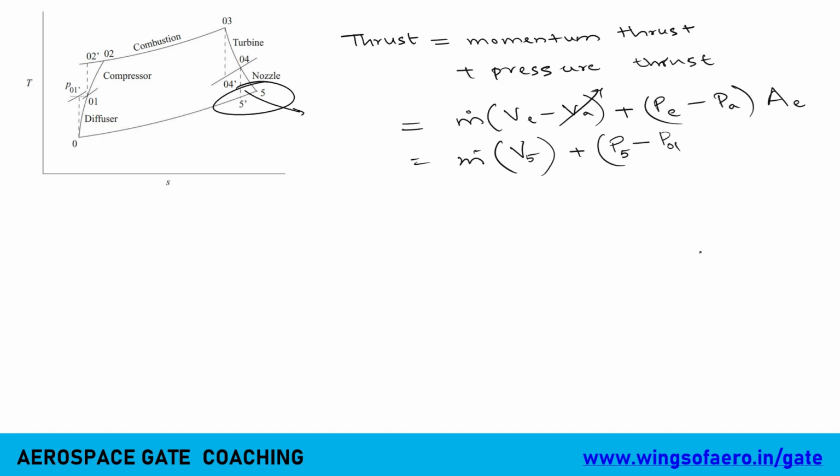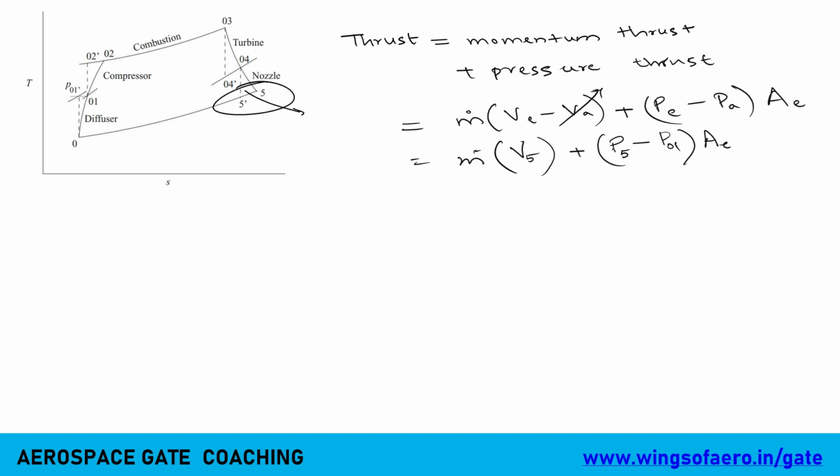Sorry, P01 I will consider here. Ma'am, how about V0? Enter velocity, how to take 0? They have not provided the data, so we will ignore it. If the data is not there, we consider it to be 0. As simple as that.